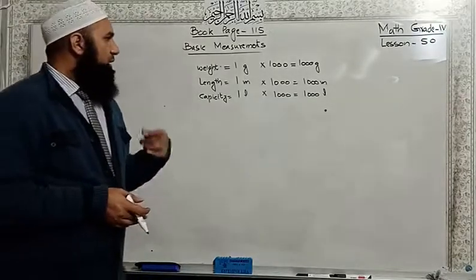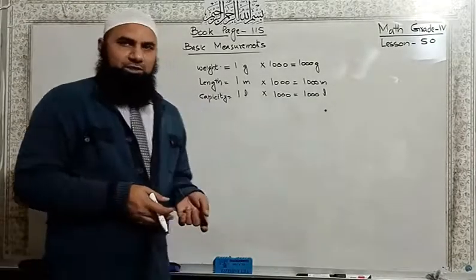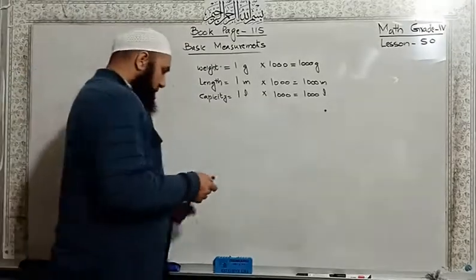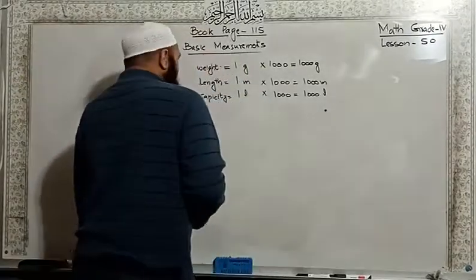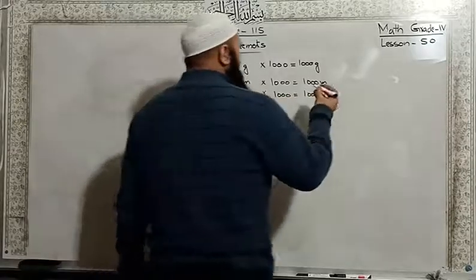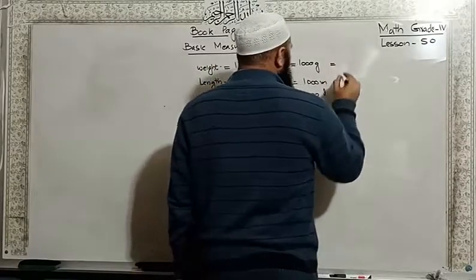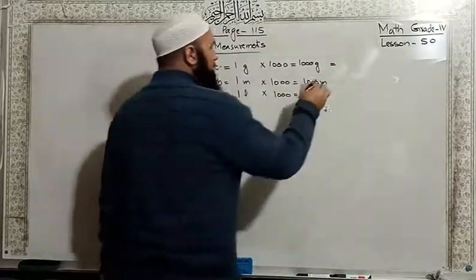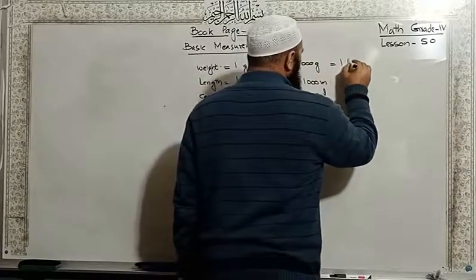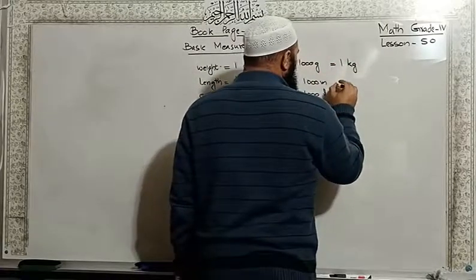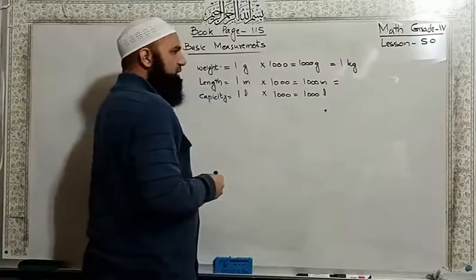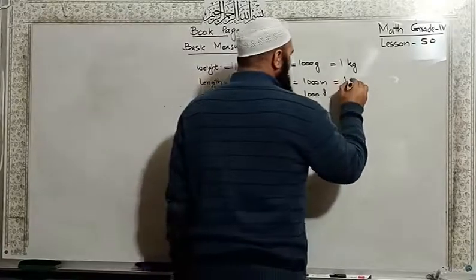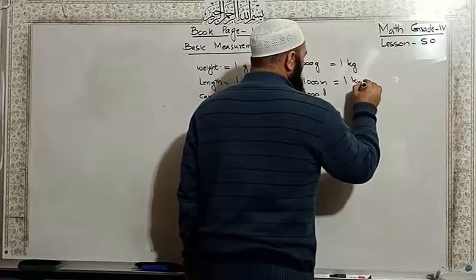For example, if we have more than 1000 grams, if we have 20,000 meters, if we have 5,000 liters, how can we measure? Now we know that 1000 grams are equal to 1 kilogram. And 1000 meters are equal to 1 kilometer.